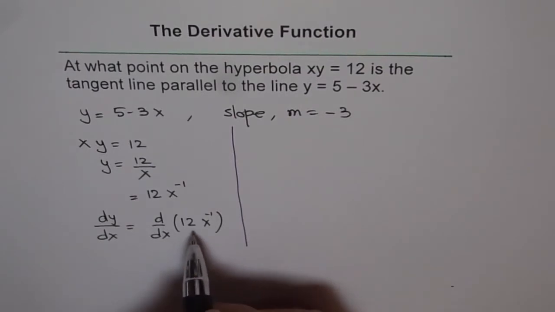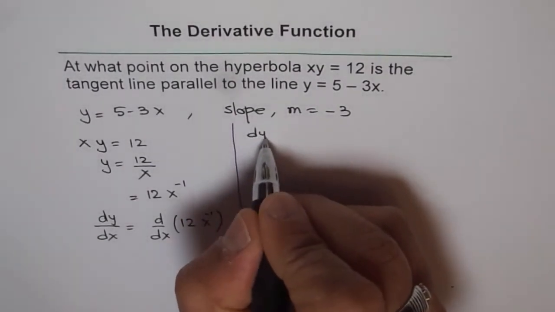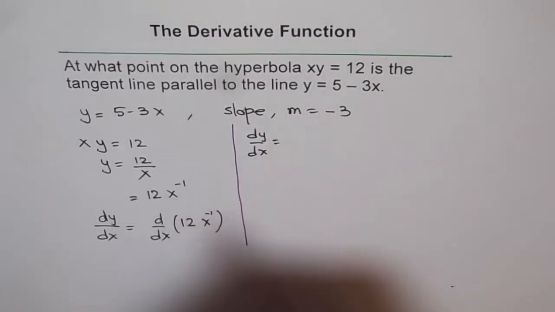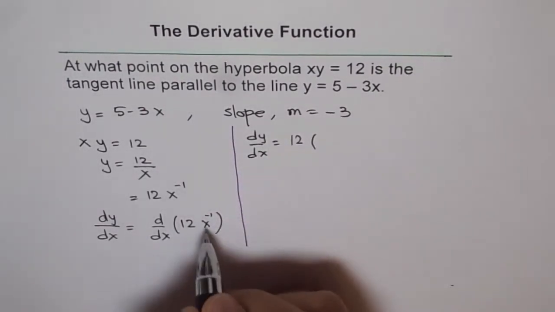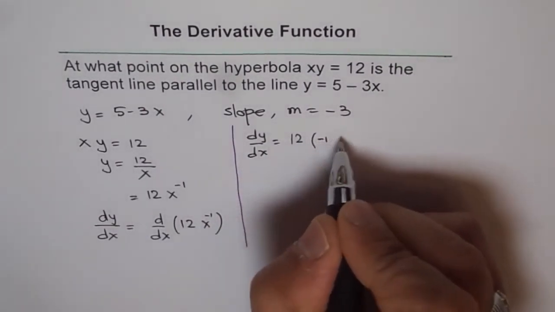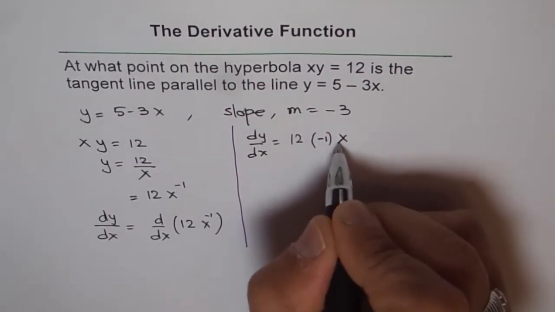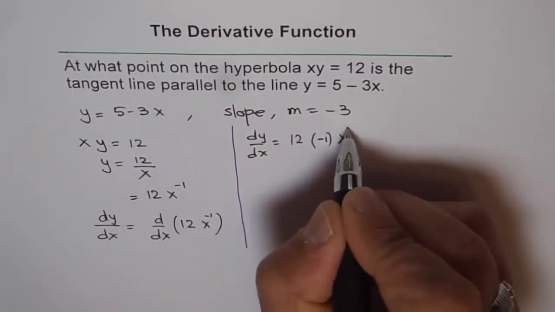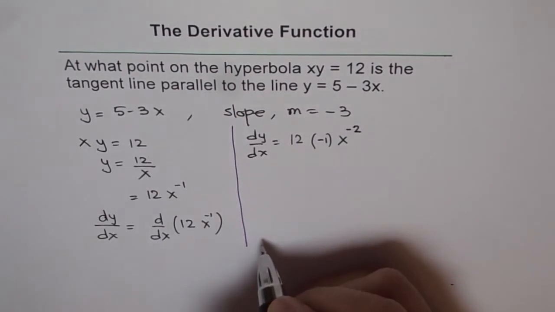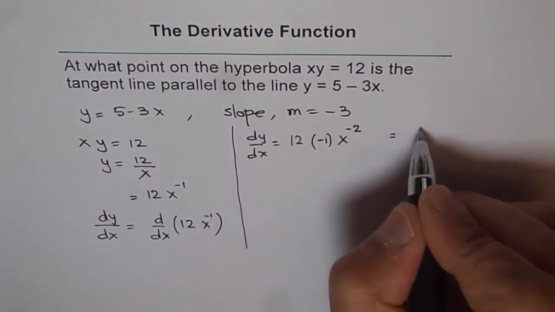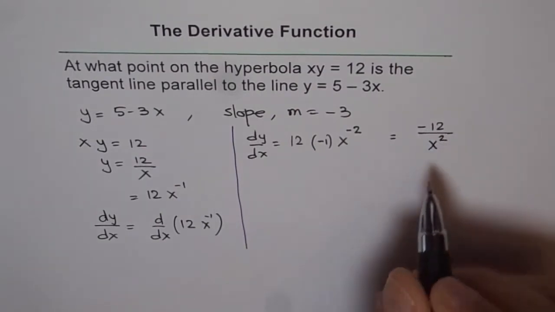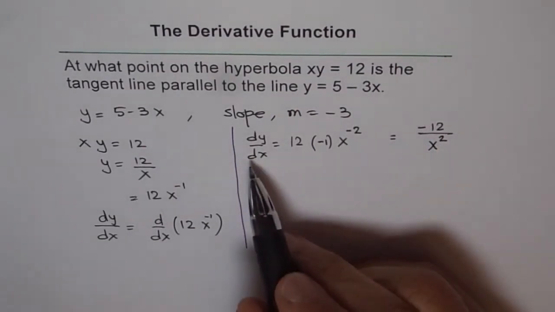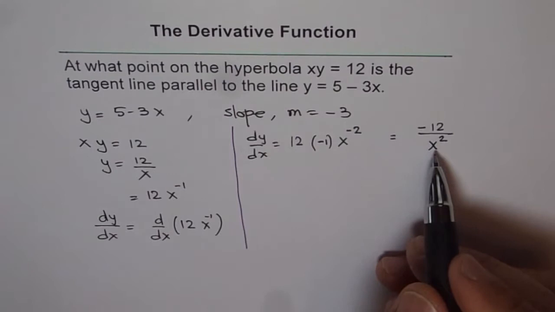So the derivative of this function will be: dy over dx equals 12 times the constant, the exponent is minus 1, times x to the power of minus 1 minus 1, which gives minus 2. So we get minus 12 over x squared. That is the derivative of this function in general.